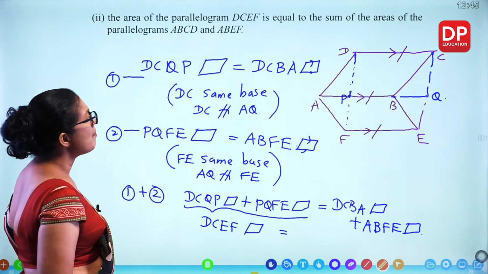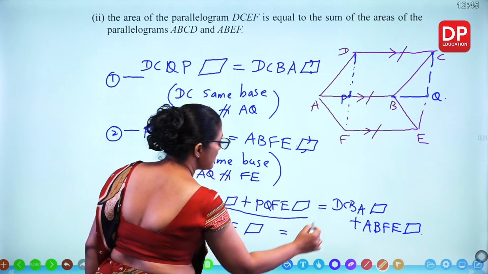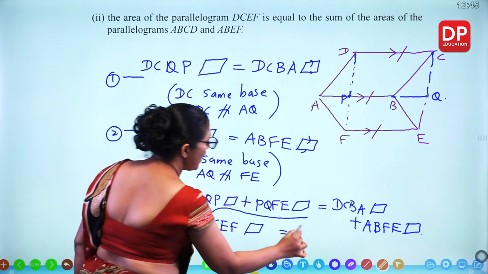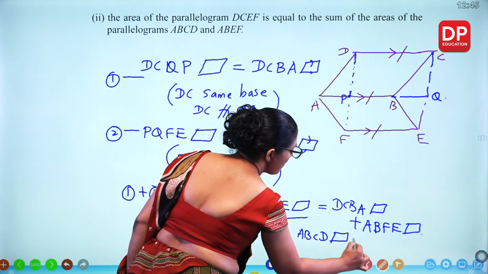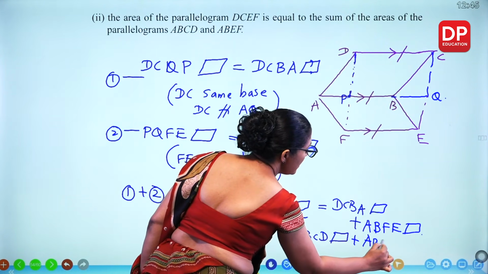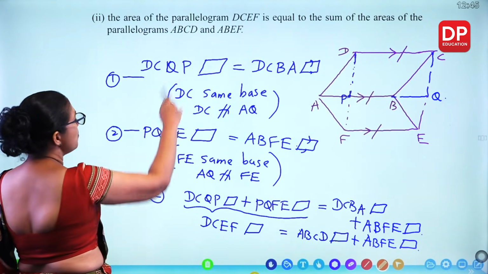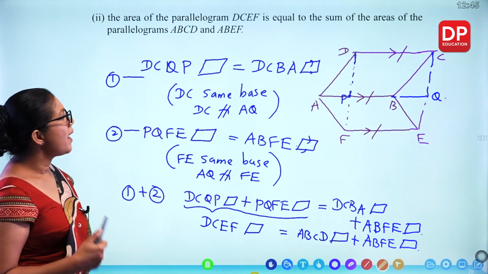That's the sum of these two areas. So I can write this is ABCD parallelogram plus ABFE parallelogram. So that's what you need to prove. This is equal to the sum of the other two parallelograms.